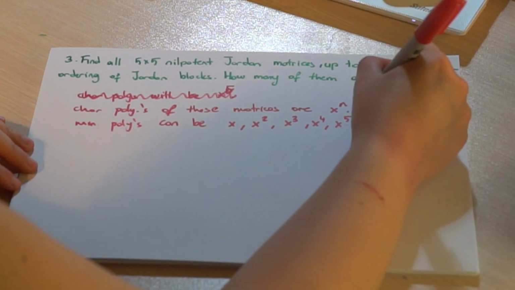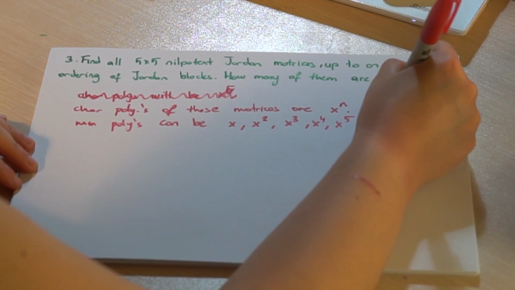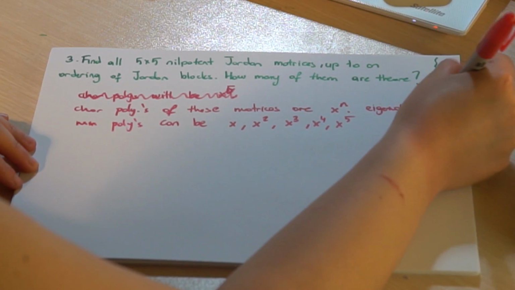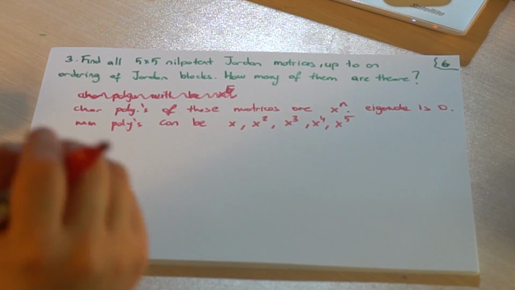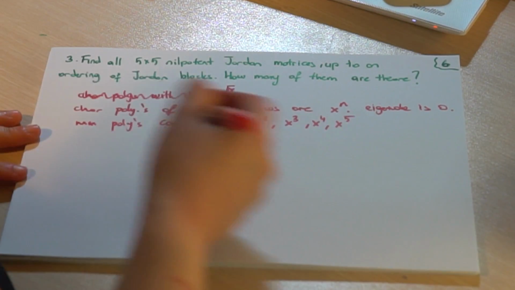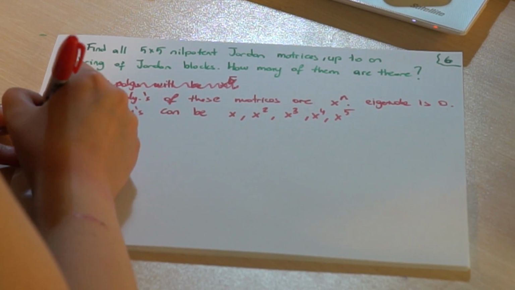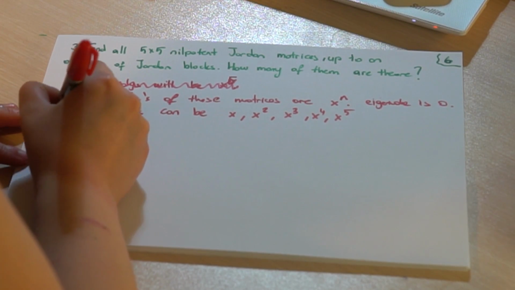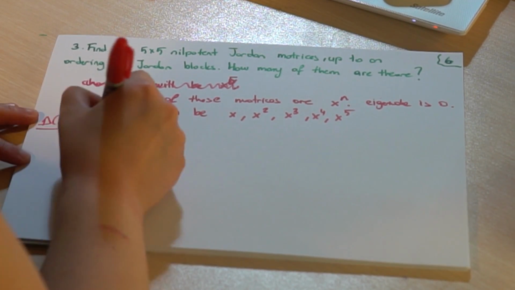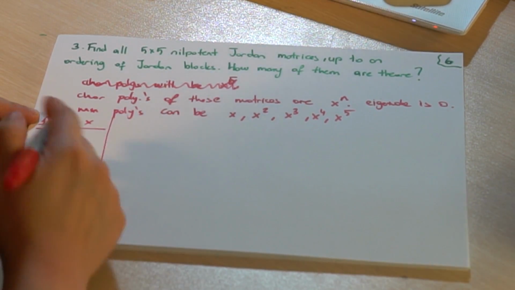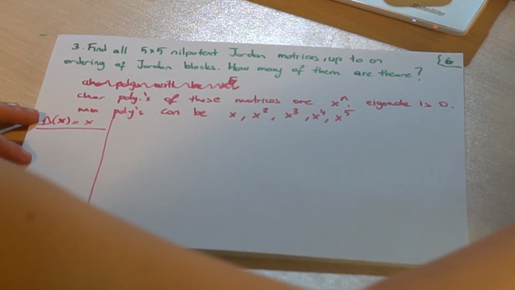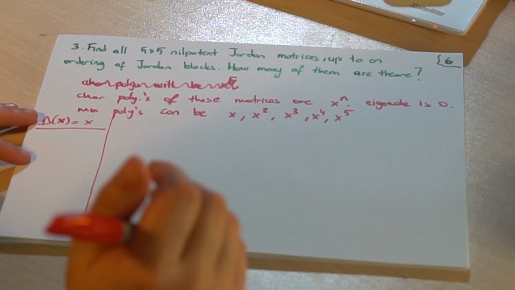And the eigenvalue is 0, right? Now we need to write this Jordan form. Let's look at the case where the minimal polynomial is equal to x.